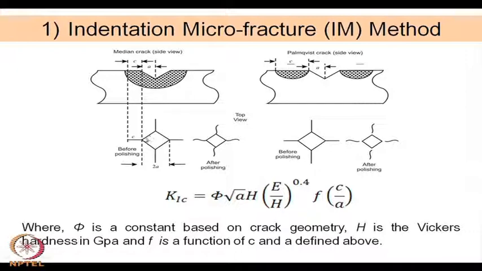So, you have an indent forming, which has been used earlier for the hardness measurement, but if the load is more than that, then there will be cracks generated at the corners, because these are the stress concentration centers. The cracks will be generated in a particular way, and from that you can find out the fracture toughness.